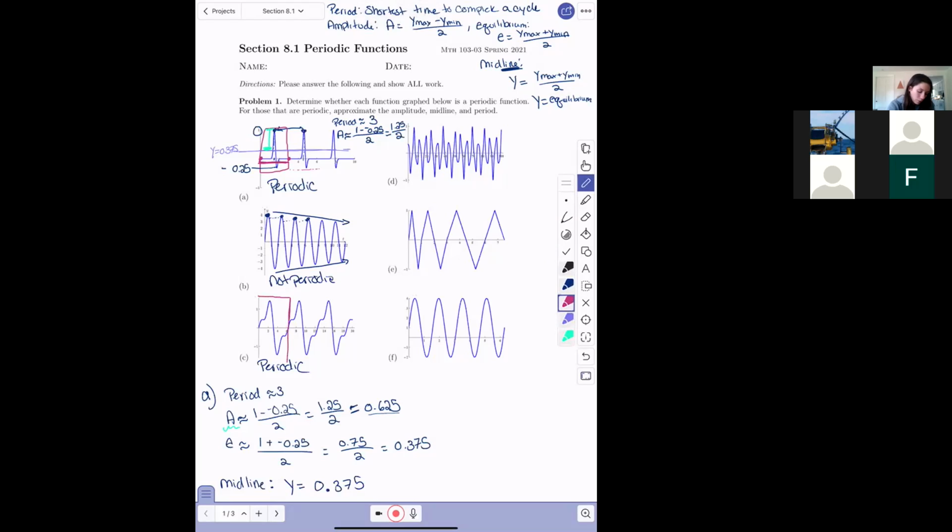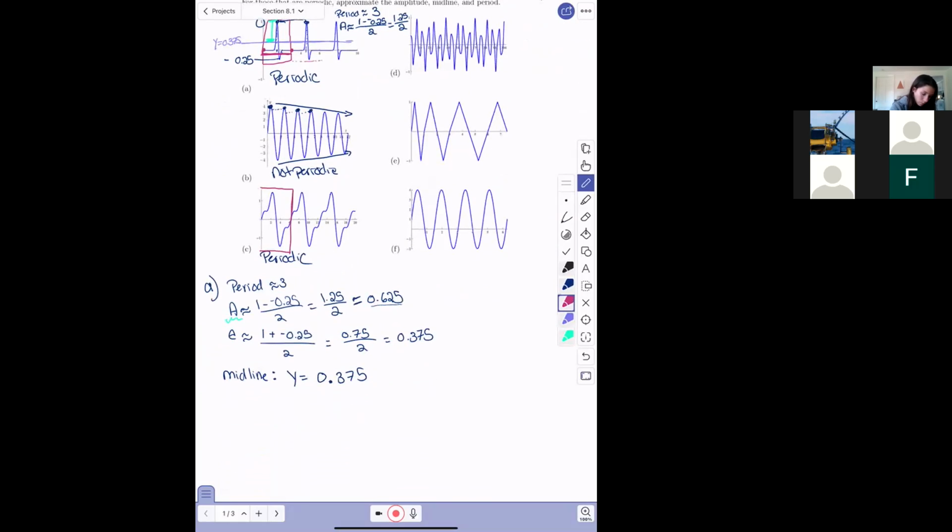I've just boxed the first cycle. So for graph C, the period is about 6. From the start to here, it's about 6.